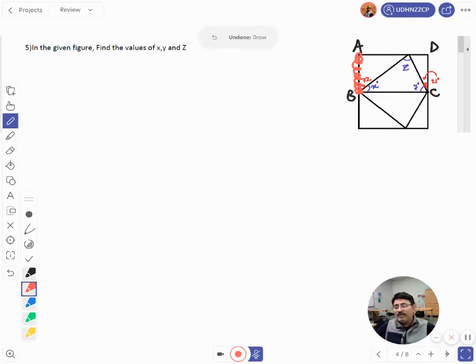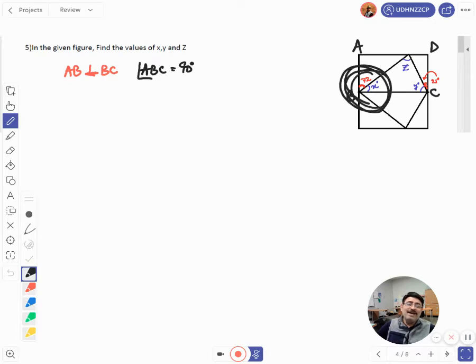Therefore, here AB is perpendicular to BC. Therefore, angle ABC equals 90 degrees. L shape, don't forget.